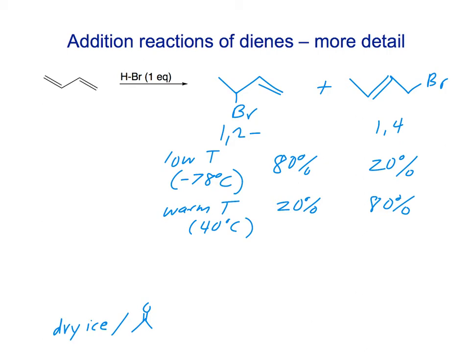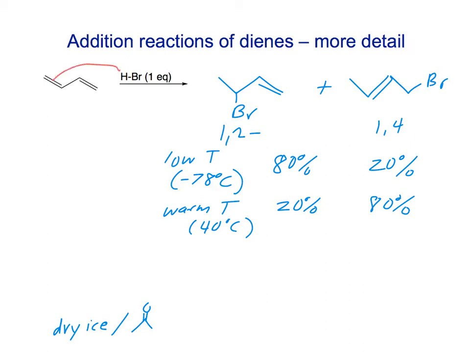For a simple structure like this, and this is true for all dienes, we're going to protonate on one end or the other. Why would that be? Because it would lead to an allylic carbocation. If we protonated on one of those two middle carbons, it would put the carbocation on the end and there would be no resonance. So we're always going to protonate on the end.